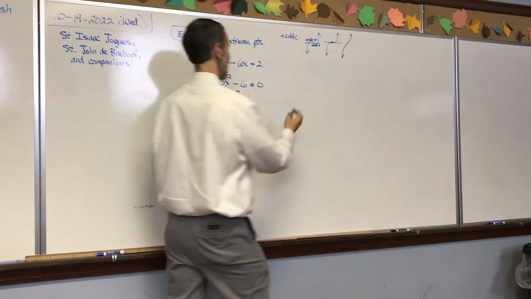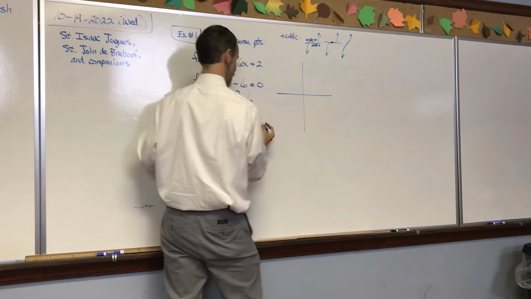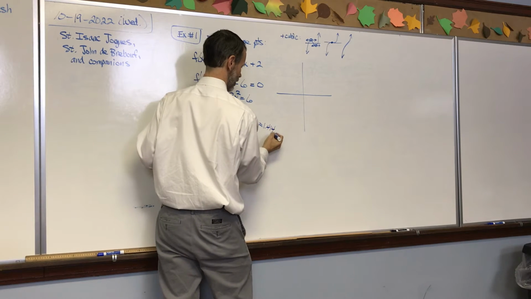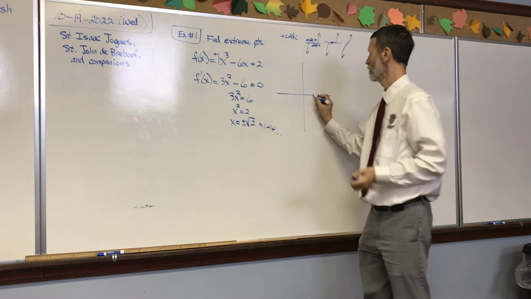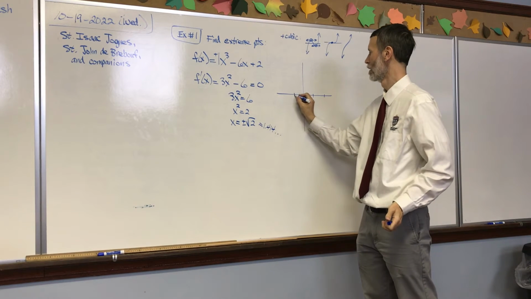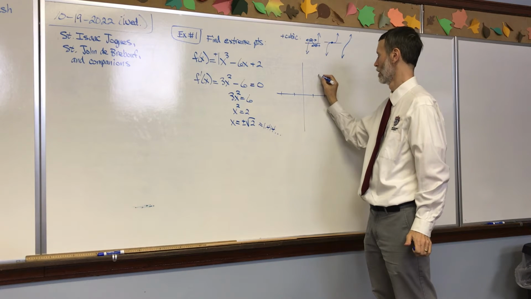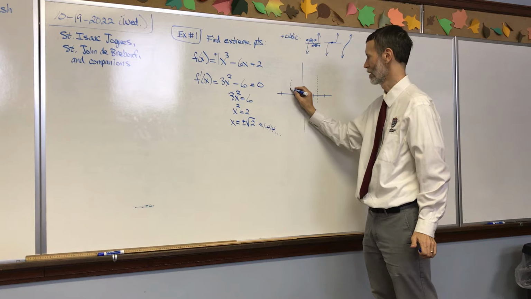So on a graph, by the way, radical 2 is approximately 1.414, a little less than 1.5. If you wanted to mark it on a graph, it's right around here. Put a little dotted line. This is not an asymptote, I'm just marking it.